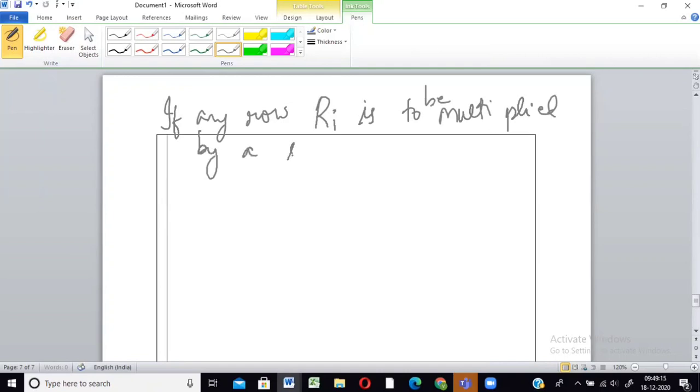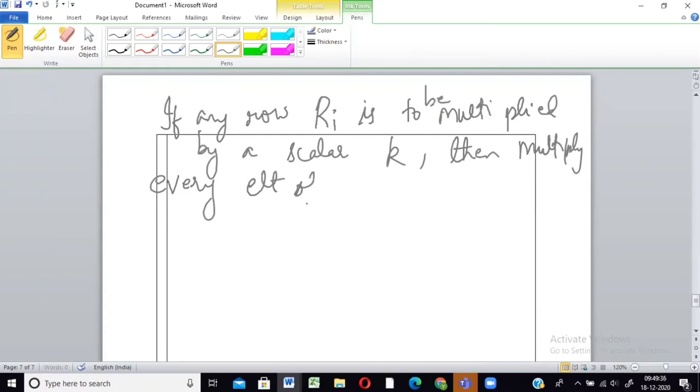We denote the scalar using k, like how we denote a constant using c or k. Then we multiply every element of that row, that is Ri that we have picked up, with that scalar.